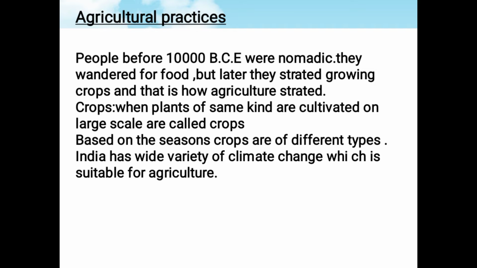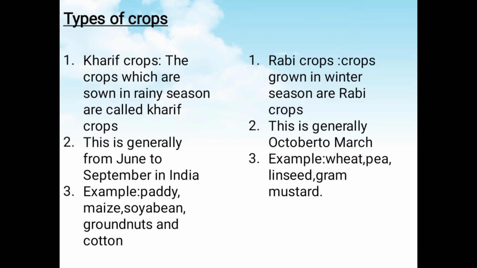Depending upon the climate, the crops are divided into two types, that is kharif and rabi crops. What are kharif crops? The crops which are sown in the rainy season, that is from June to September in India.